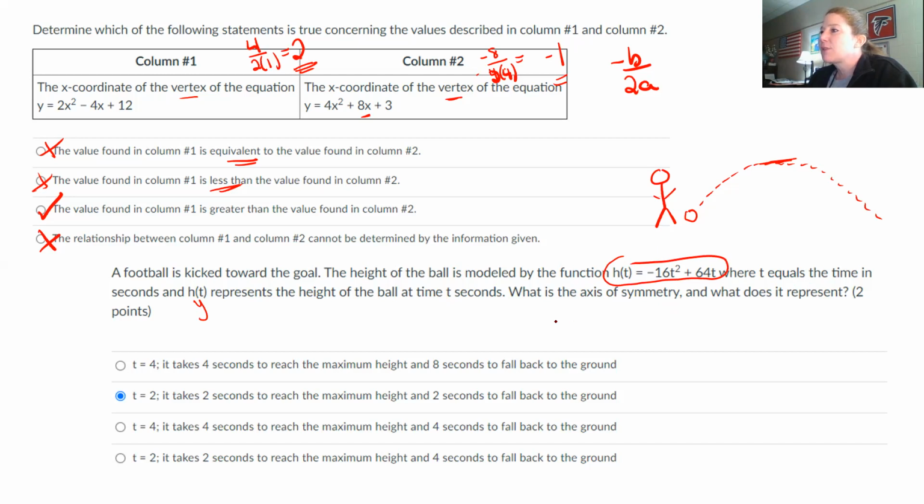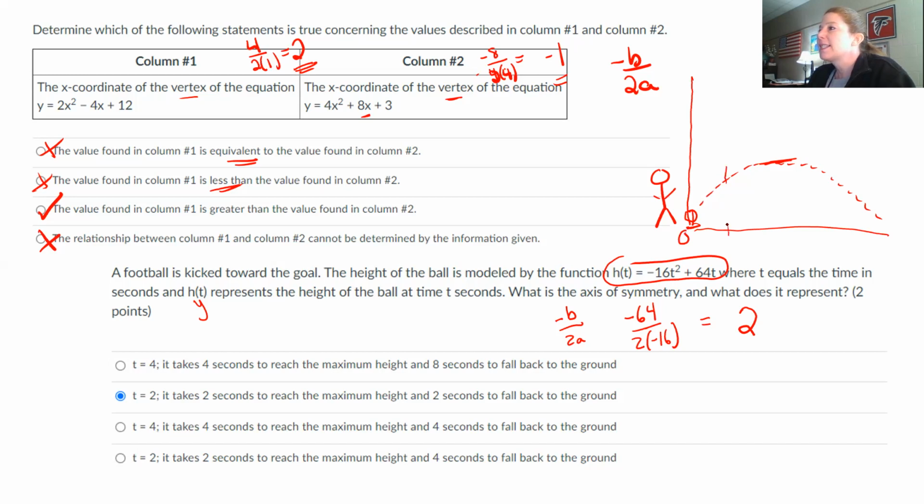So the axis of symmetry is going to be found by using negative b over 2a. So we have the opposite of 64 divided by 2 times negative 16, which is negative 32. So a negative divided by a negative is a positive, and 64 divided by 32 is positive 2. So if this was on an XY chart, and this was time 0, this is right when this guy kicks the ball.